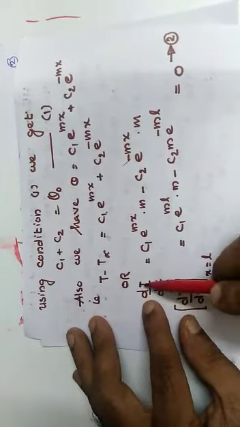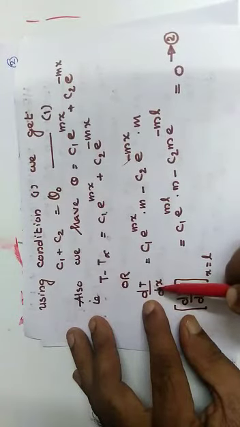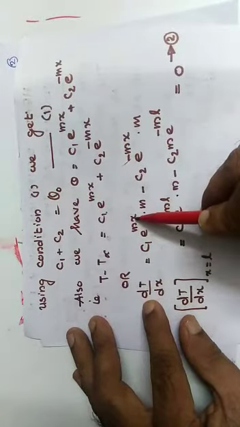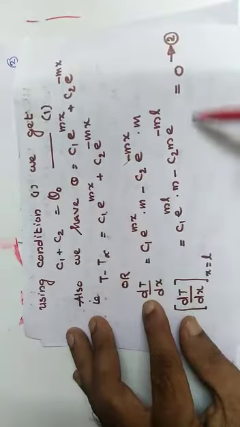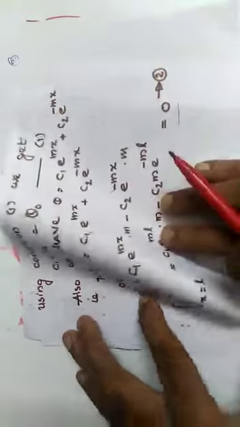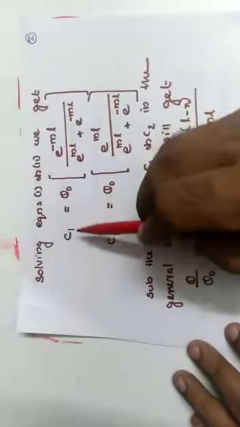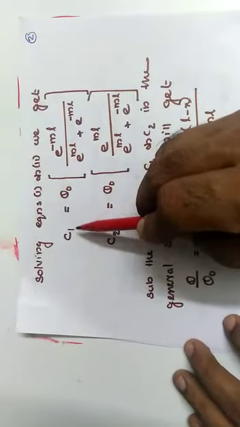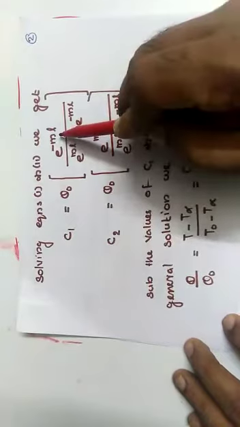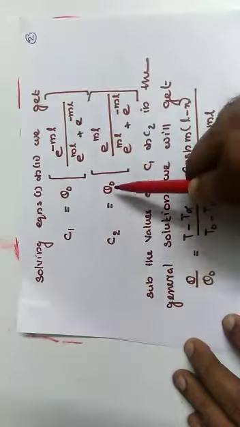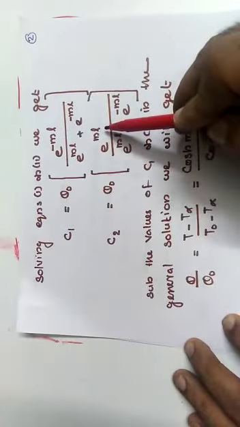So you substitute dT by dx equal to 0 in this expression and x becomes L. So you will get expression number 2. Solving expressions 1 and 2, we get C1 equal to theta 0 into this term and C2 equal to theta 0 into this term.